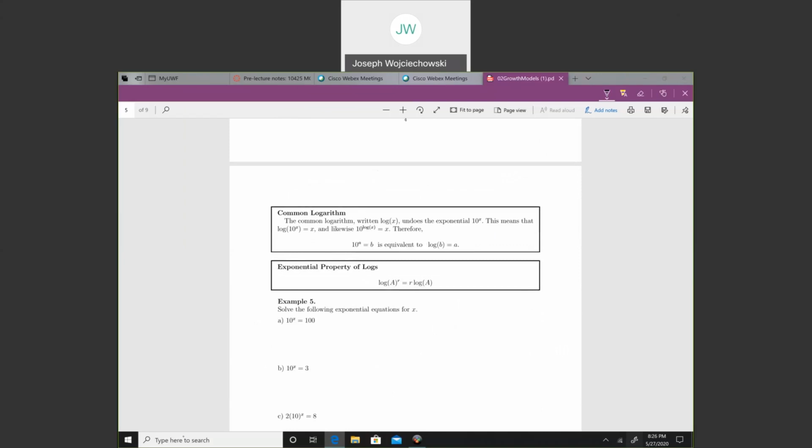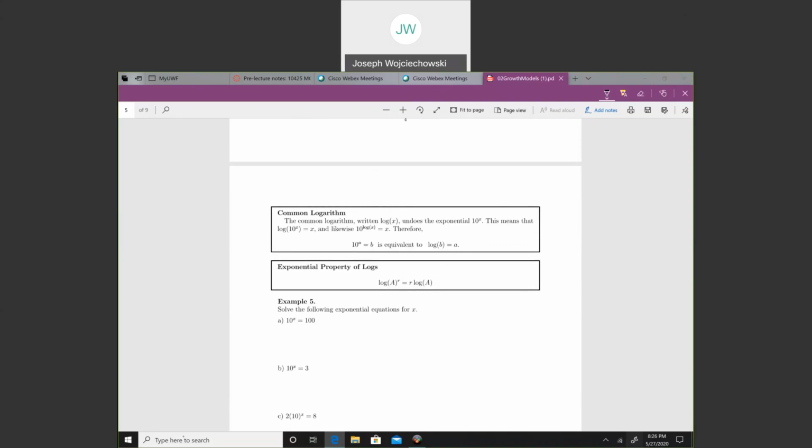Okay, now we're going to talk about exponential and common logarithms. Common logarithm, written simply log of x, undoes the exponential 10 to the x. This means that the log of 10 to the x is x, and likewise 10 to the log x is x.